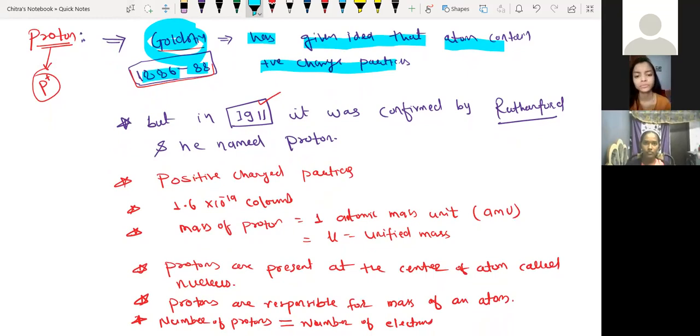He was unable to discover them at that particular time, but according to the theory, study, and experiments performed by Goldstein, he told that atoms also have positively charged particles.